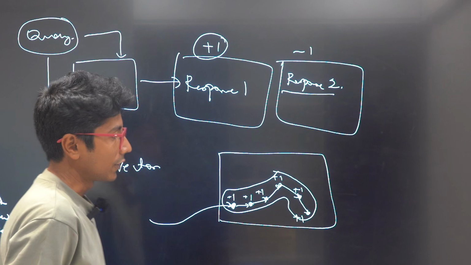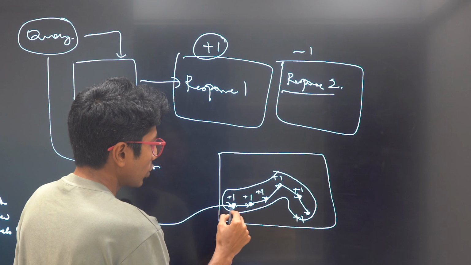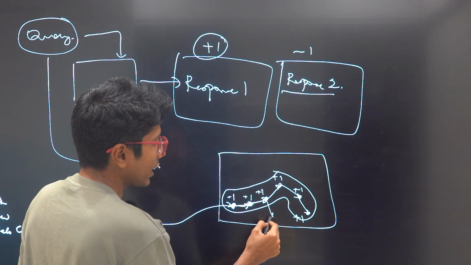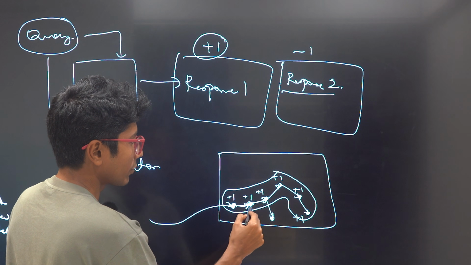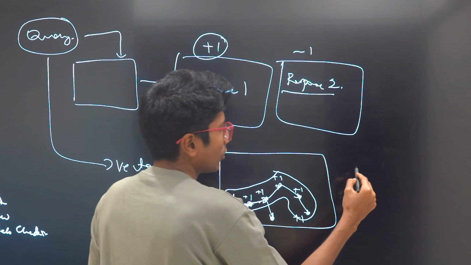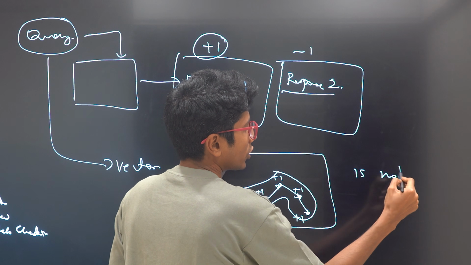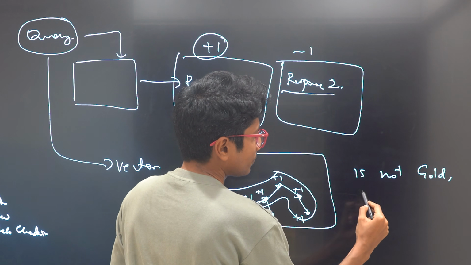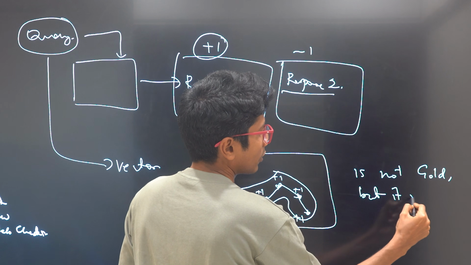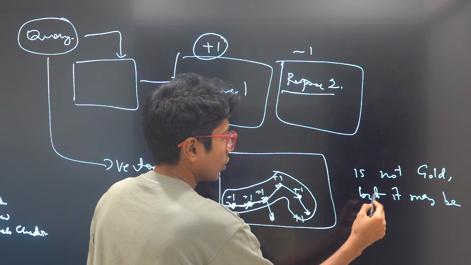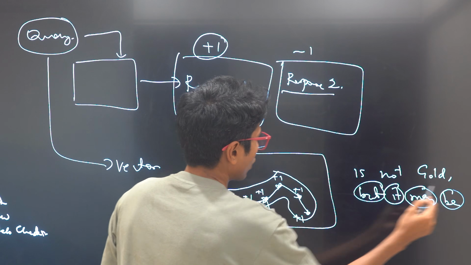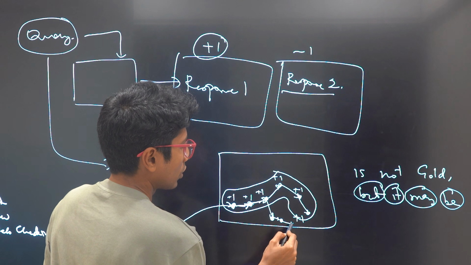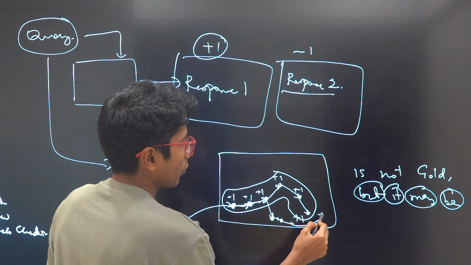Response 2 was bad. There, you followed this point to this point, and then you deviated. The next token that you generated after the first 3 tokens, let's say, is not gold. And then you put a comma here and went on, but it may be. So token 1, 2, 3, 4.